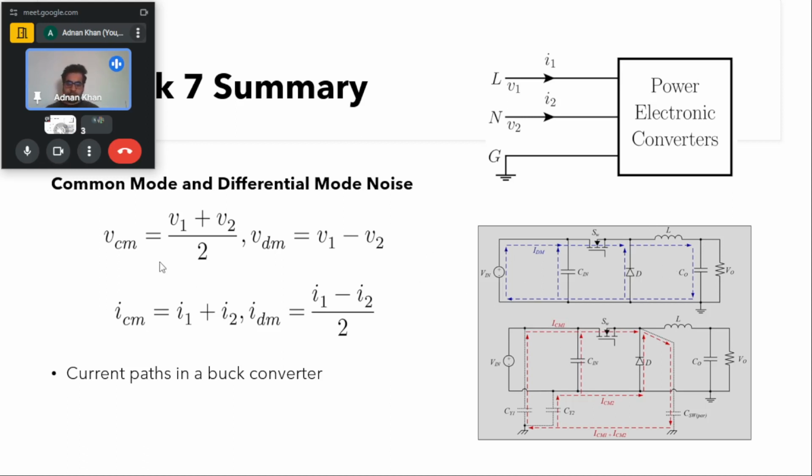So here you got the idea of the common mode and differential mode noise that is generated in the converters, and the different paths through which it flows.